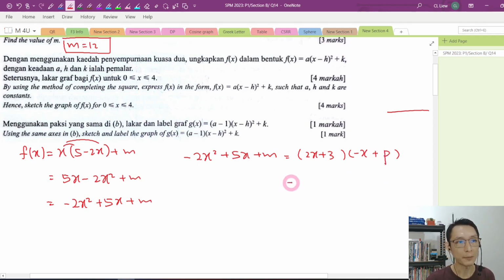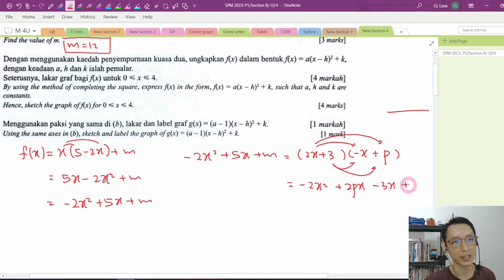Okay, so what I'm going to do now is do expansion for this part and then compare right hand side and left hand side. Negative 2x squared plus 2px negative 3x plus 3p.